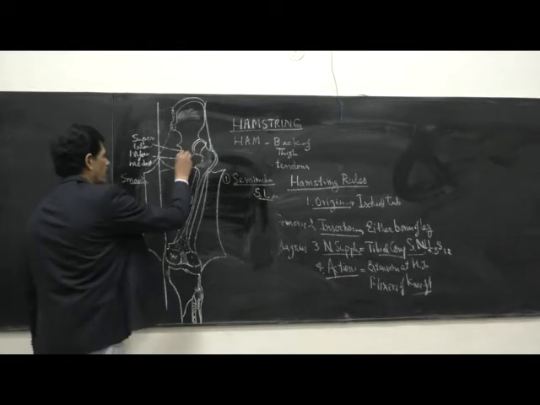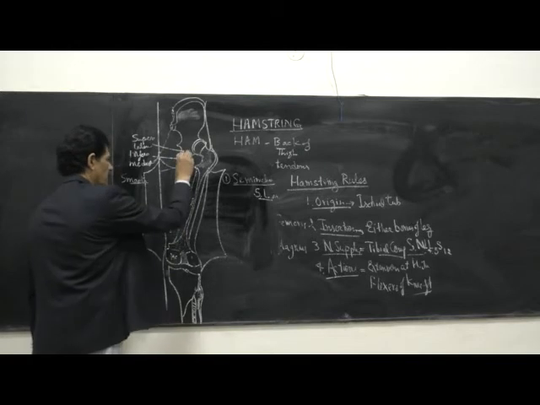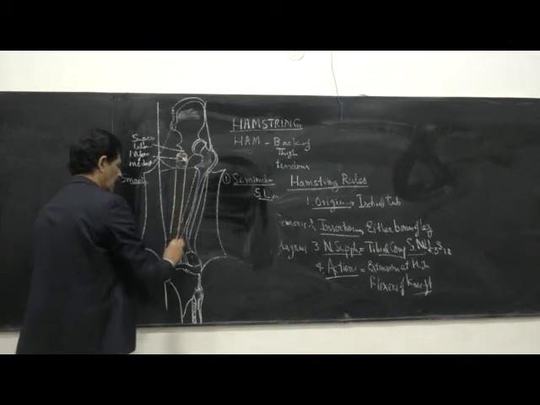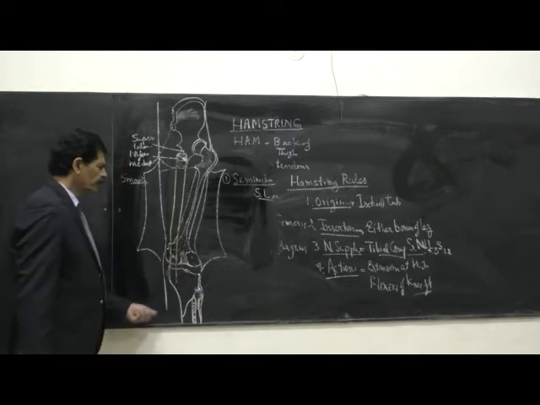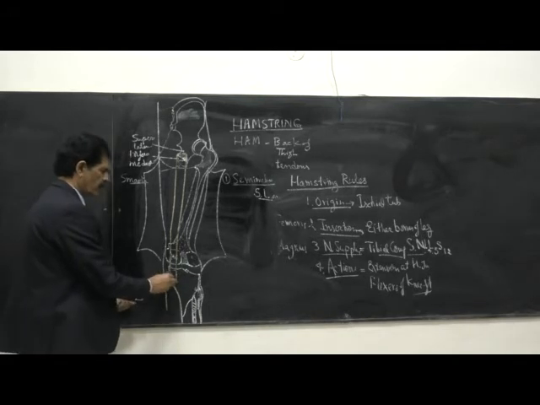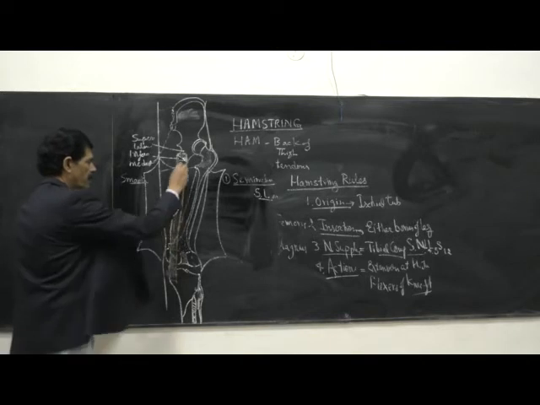So this area is for the semimembranosus, and this muscle runs downward vertically and it is inserted over the posterior surface of the medial condyle of the tibia. Posterior surface of the medial condyle of the tibia is the insertion of semimembranosus muscle.